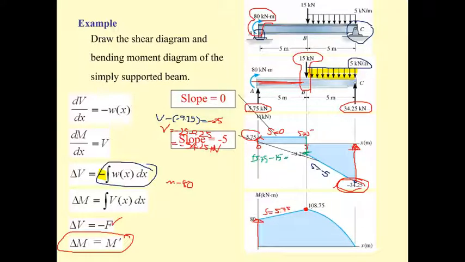The moment here, by using the equation, the delta M, the moment here minus 80, is equal to the area under the shear diagram. Let's put this one. So it's going to be the area here, 5.75 times 5. We get the positive 5.75 times 5.